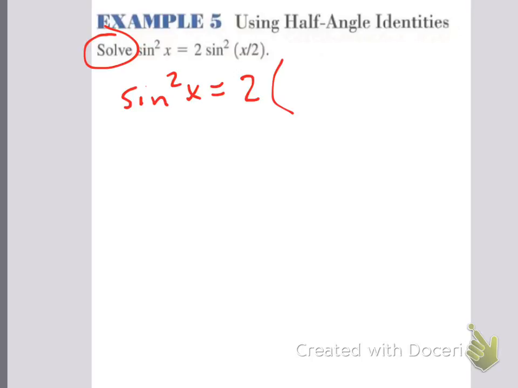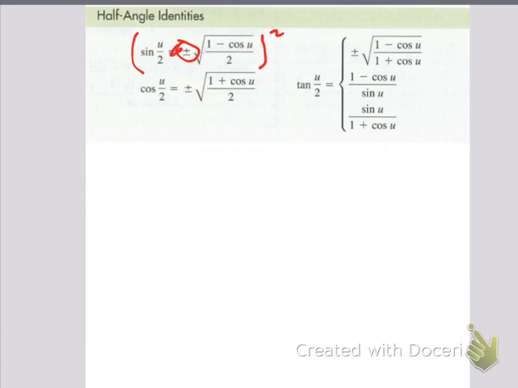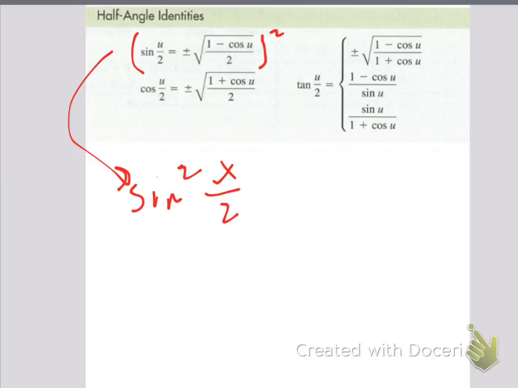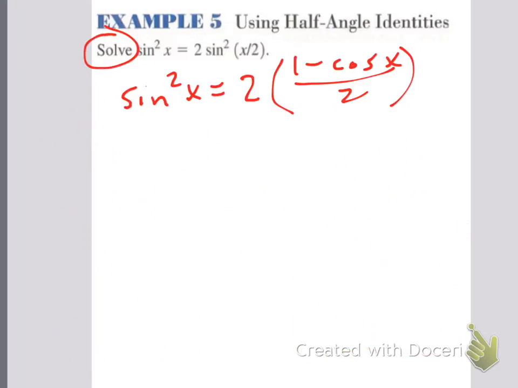So squaring both sides would give me sine squared of x over 2, and the square root sign would just go away. So that's how I got this right there. Now, the 2's cancel, and I have 1 minus cosine x.